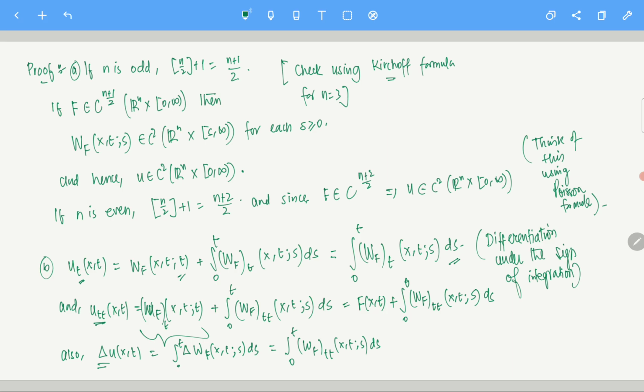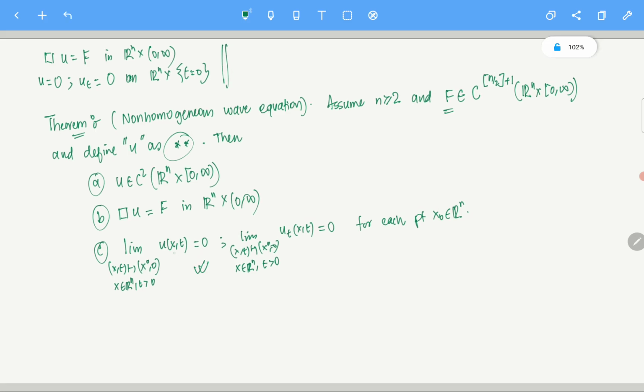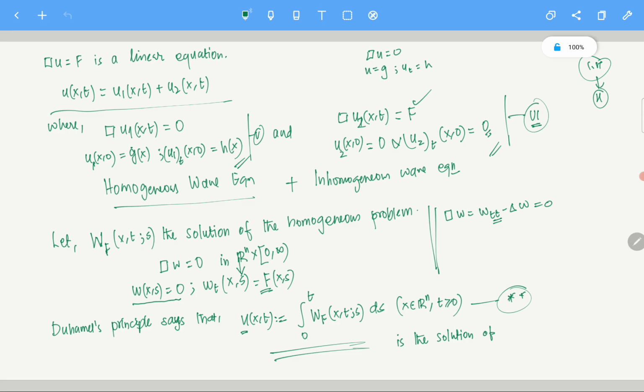What about the initial conditions? There is nothing special about the initial conditions either. If you define U like W_f, since W is 0 initially, U is defined by the integral of W_f from 0 to t.